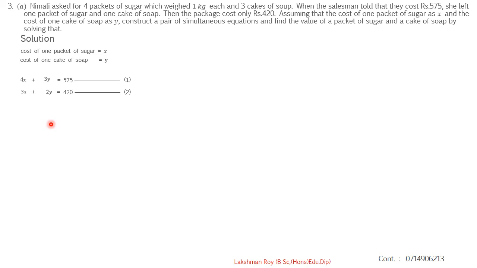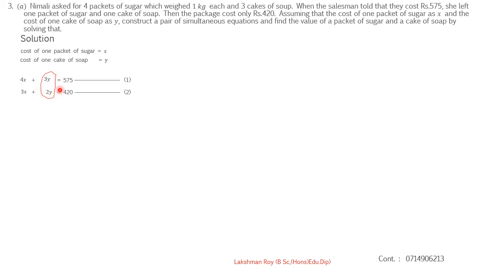So that is the equalizing coefficient. Now I should make both 3y and 2y into 6y. That you have to decide first. Then I should select a number to multiply to make 6y.